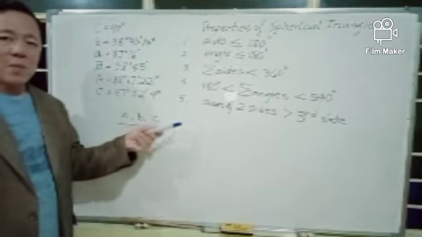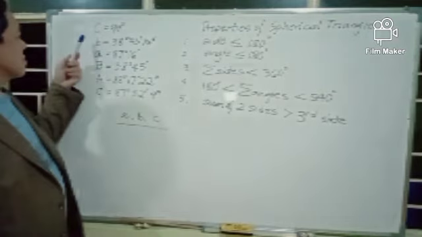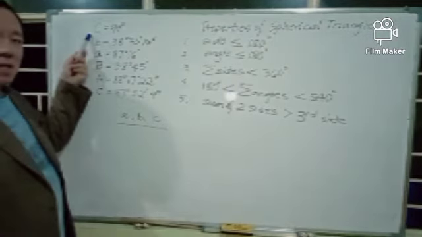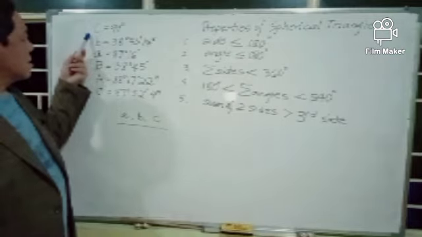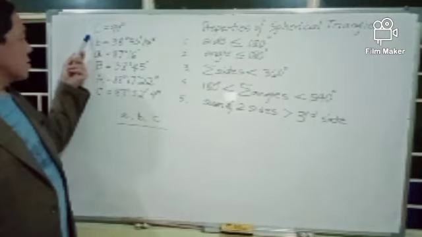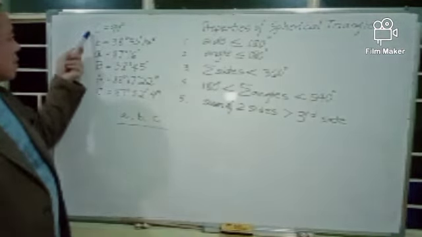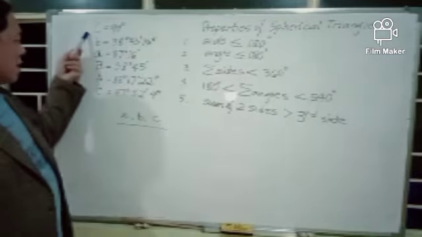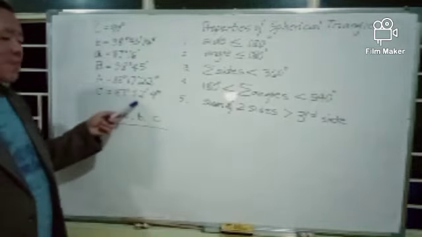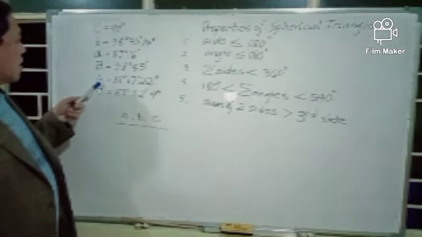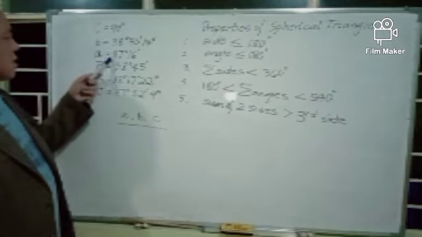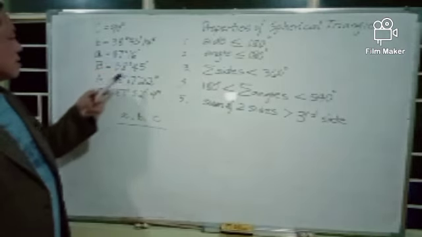And the sixth property says that the side opposite the larger angle has a bigger measure. Now we compare the side opposite angle C, which is 87 degrees 52 minutes, and the side opposite angle A, small a, 87 degrees 16 minutes.